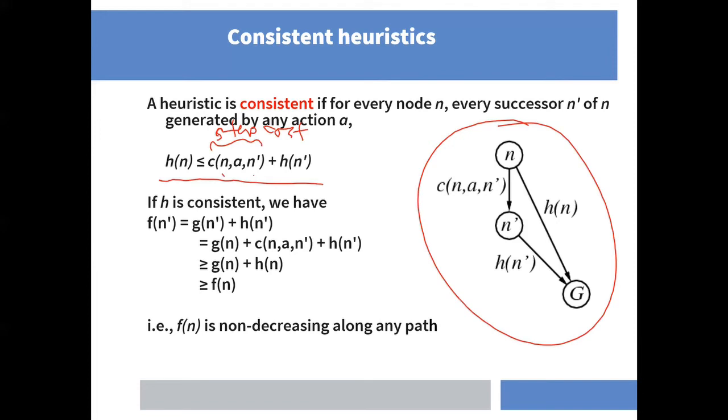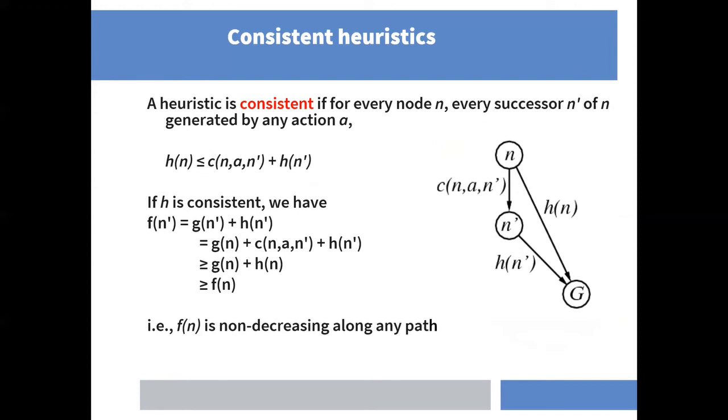It is also important to note that every consistent heuristic is also admissible. So for example, here, I'm going to show you the proof of this one. Let's say h is consistent, we have f(n') with this equation: f(n') is equal to g(n') plus h(n').